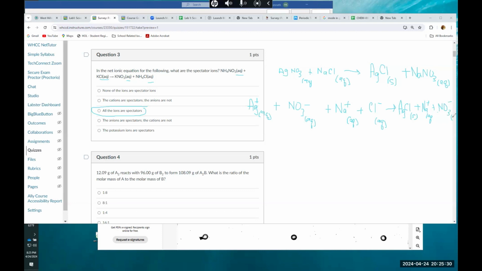Would that also count? Yeah, in that case you have no spectators if they're all solids and liquids, because of the ions. But then how do you know they're all spectators?